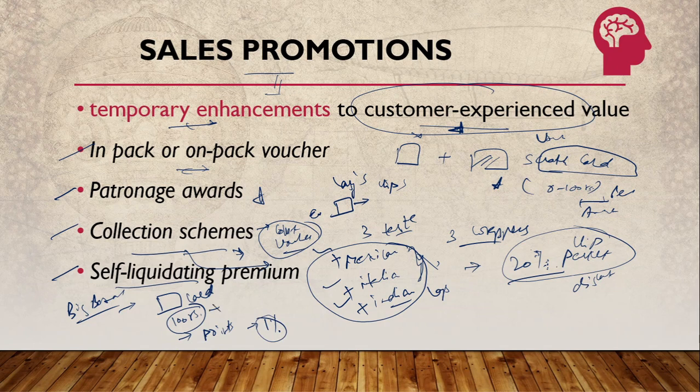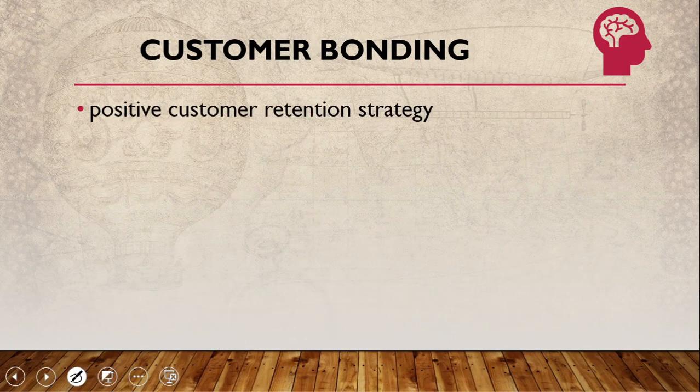Over the course of time, these points will increase, and these points are directly transferred into rupees. This way, these small point rewards add some value. So the customer experience value enhances, and the customer feels that they are getting more value because they are getting some rewards.